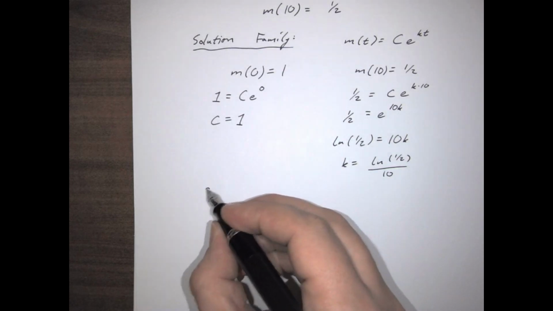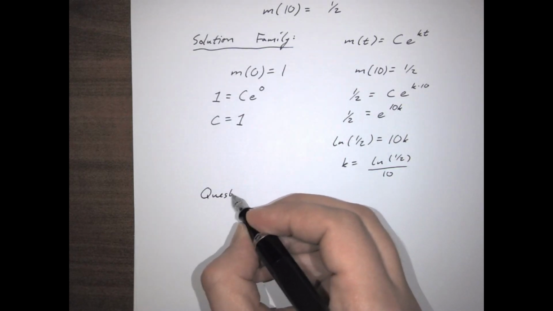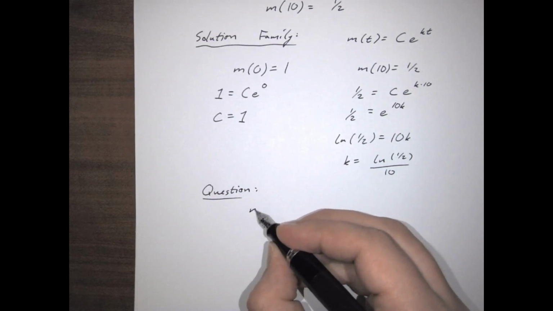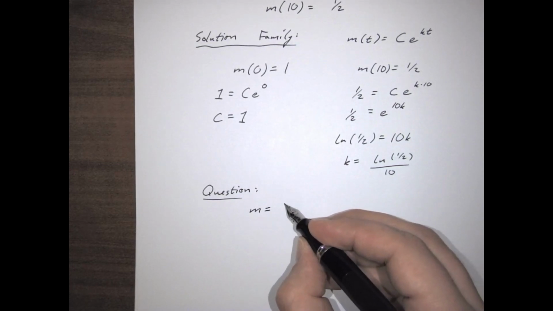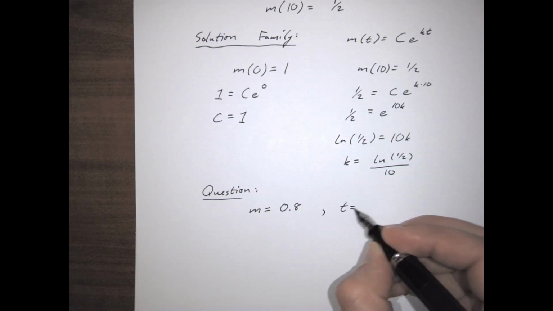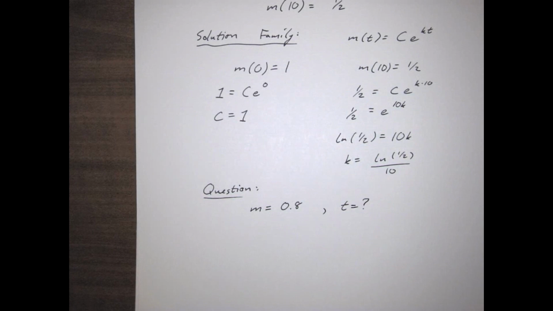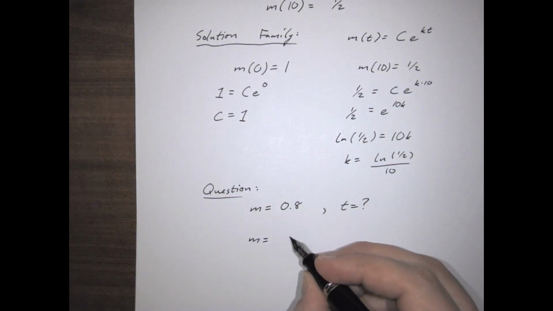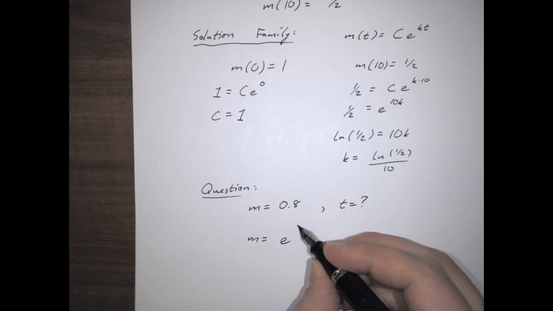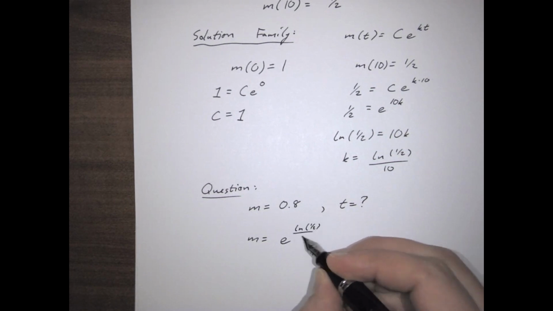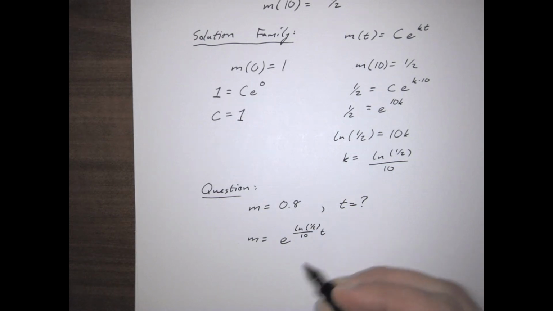So now the question is, if m equals 0.8, t equals what? So then we think about, all right, m is equal to 1 times e to the k, which is natural log 1/2 over 10, times t.